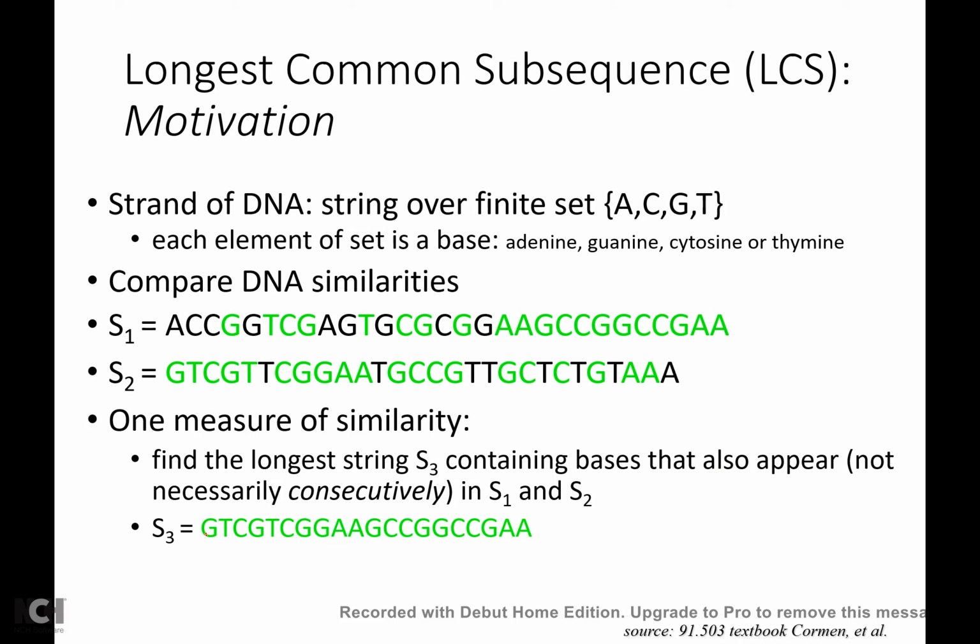Find the common sequence GTCG that appears in sequence 1 and also in sequence 2. The bases may not be adjacent in each sequence, but the order is the same.